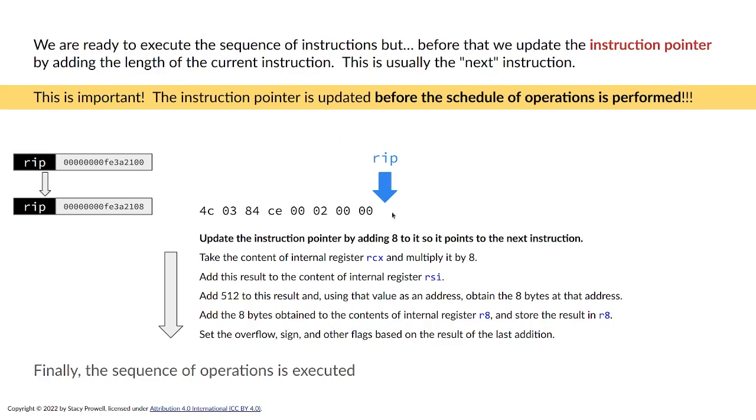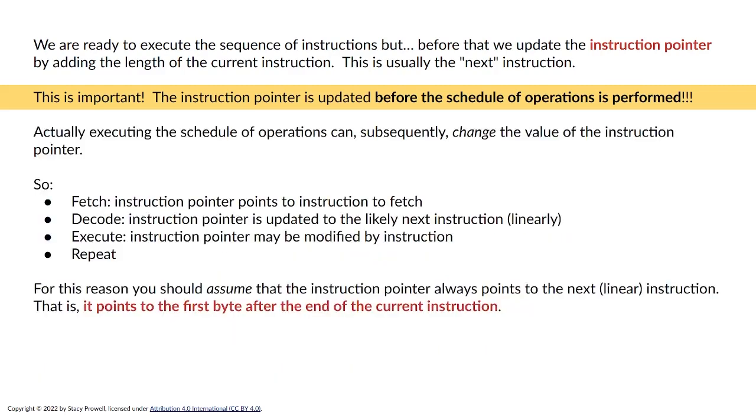It points to the first byte of the next linear instruction. So here we go. Fetch: the instruction pointer points to the instruction to fetch. Decode: we update the instruction pointer to point to the next linear instruction. Execute may further modify the instruction pointer depending on the instruction, and we repeat. Okay?